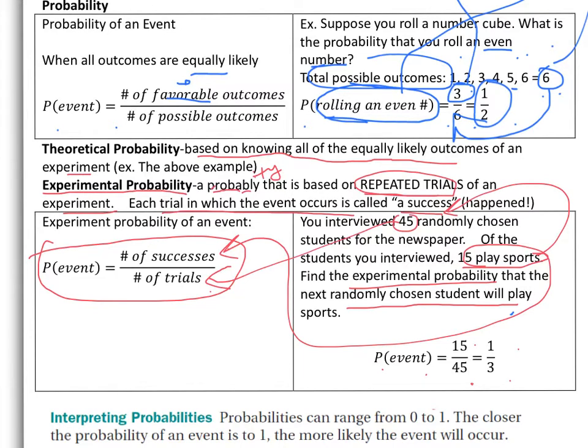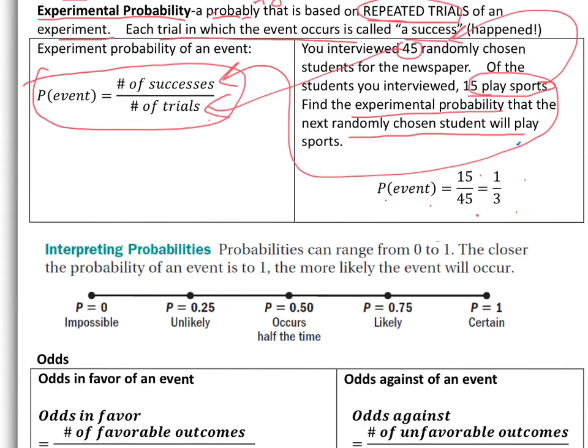So, as you can see, this lesson is mostly about understanding these vocabulary words. And once you understand them, these word problems are really, really easy. Okay? Next, I will briefly explain how to interpret probabilities. Probabilities can range from 0 to 1. So your answer can never be less than 0 or more than 1.